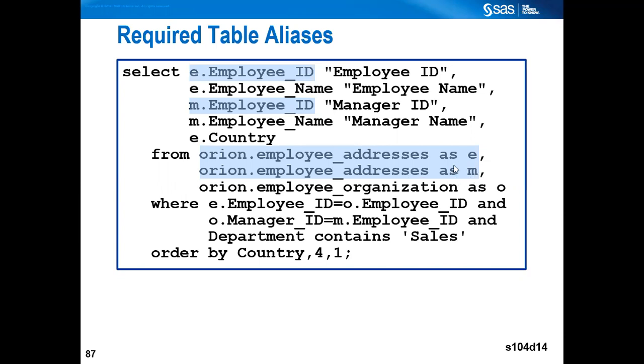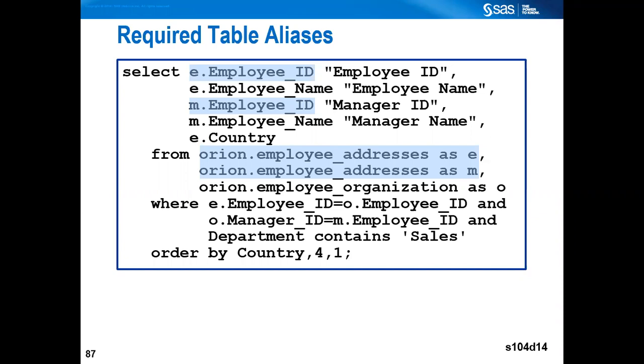So you're referencing it to the table as M. Hence the employee ID is coming from M dot table and you're giving its label as manager ID. Whereas employee name, here also it's there, but this is for all the employees, this is for respective managers. Hence M dot employee name, you're giving its label as manager name. All right, everyone.